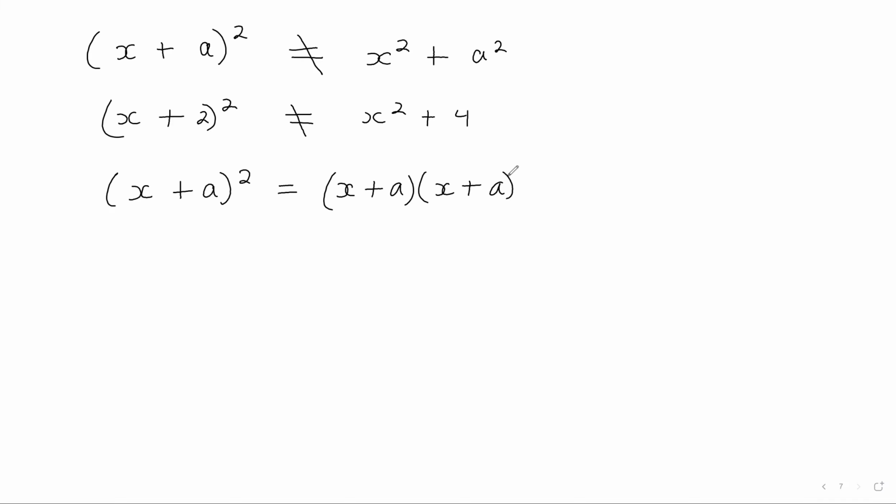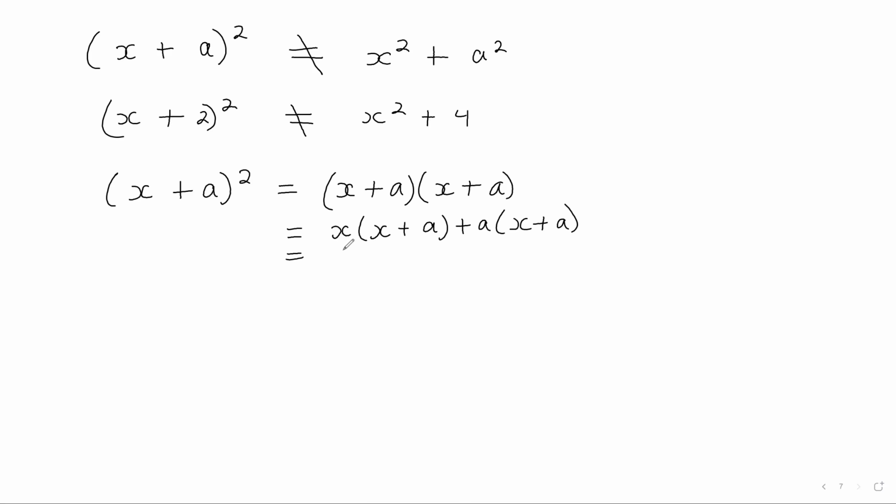So x plus a, all to be squared, will actually give you x squared plus 2ax plus a squared, right? I just jumped straight to the answer, but it will be the same steps that we've been doing all along. Actually, let me do it. I don't want you all to just think I came up with that out of thin air. So this will be x by x plus a plus a by x plus a.